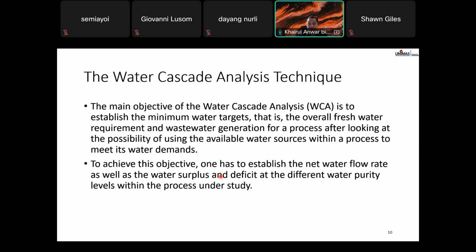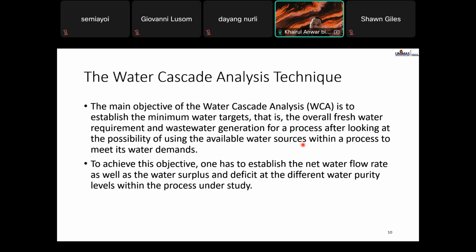The main objective of the water cascade analysis is to establish the target, that is the overall freshwater requirement and wastewater generation of the system, after looking at the possibility of using the water sources within the process to meet the demand. So the keyword is water sources. We use them back, either by reuse or recycle, to meet the water demand.